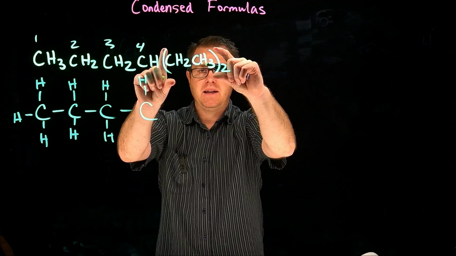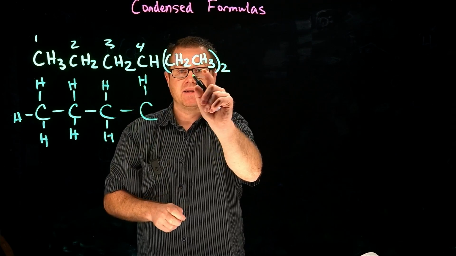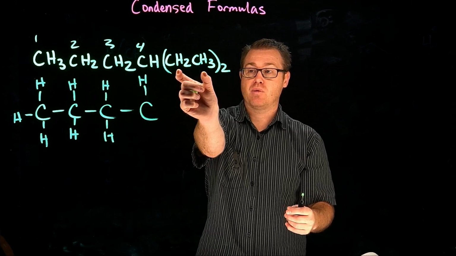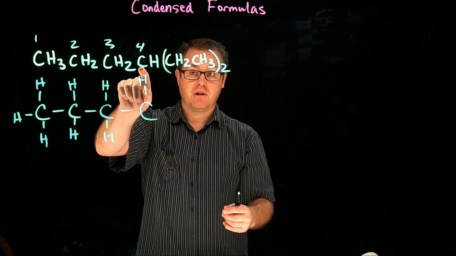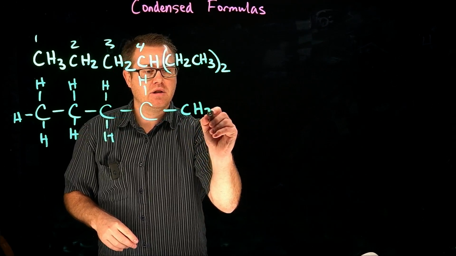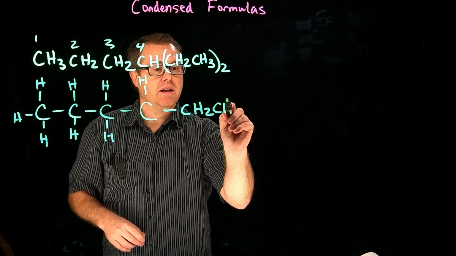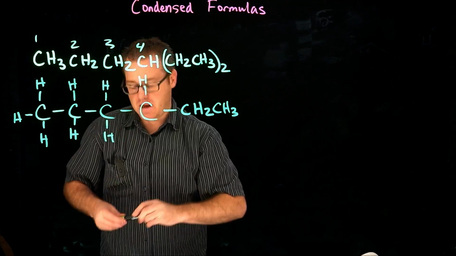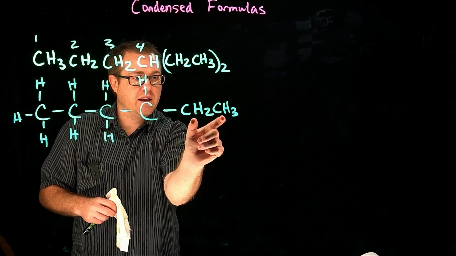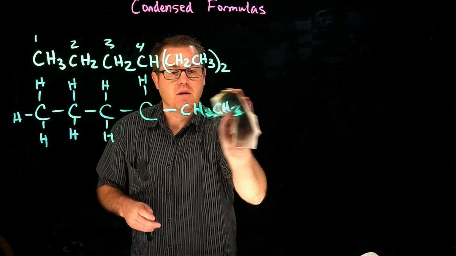But in parentheses, that means this piece, the 2 carbons, or the ethyl piece, is directly bonded to carbon 4. So I could go CH2, CH3, like that. But I'm going to expand that out. Do you see how that little piece right there is directly bonded to carbon 4?